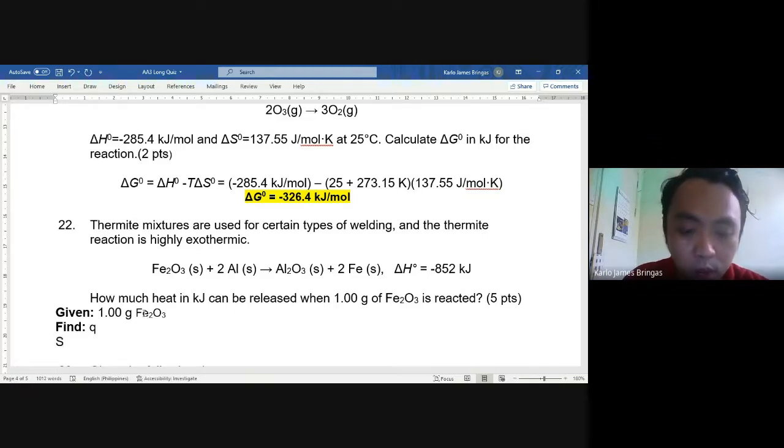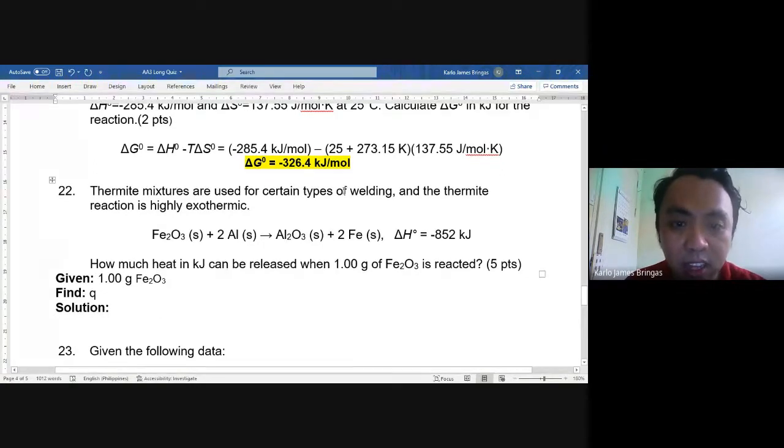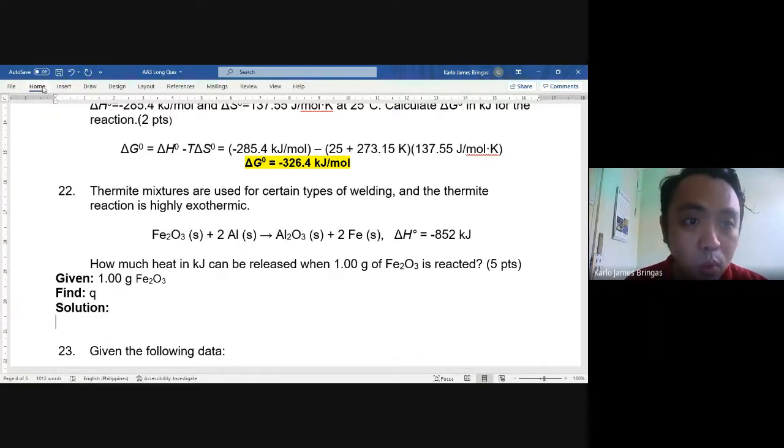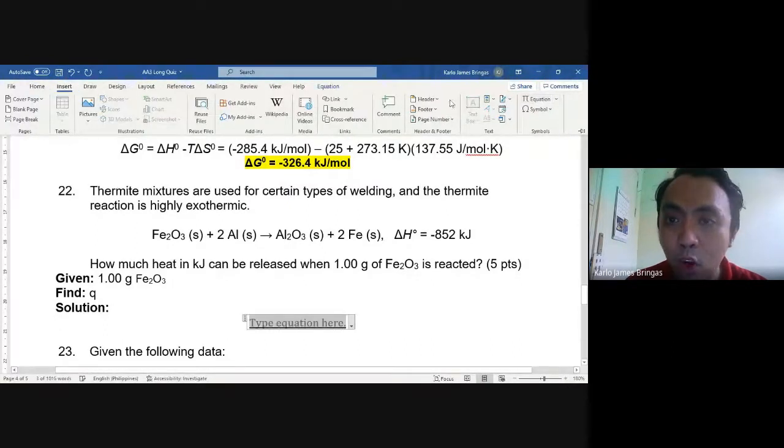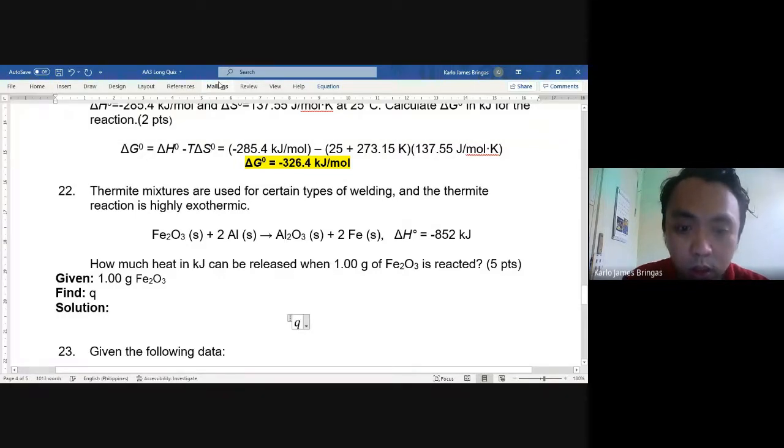To solve this one, we have the following. It's a very highly exothermic reaction. It releases so much heat that it is able to melt our different metals. To answer this, we start off with our given value. Q can be computed from the amount of the Fe2O3 we were given.